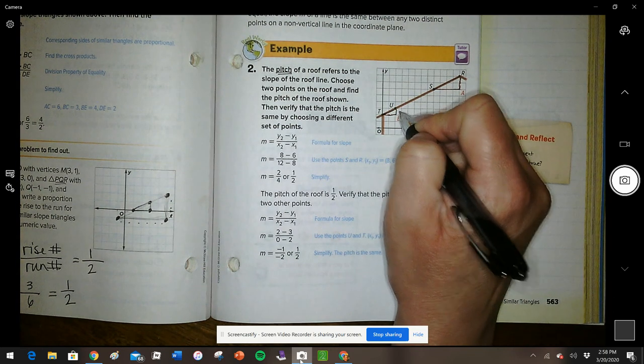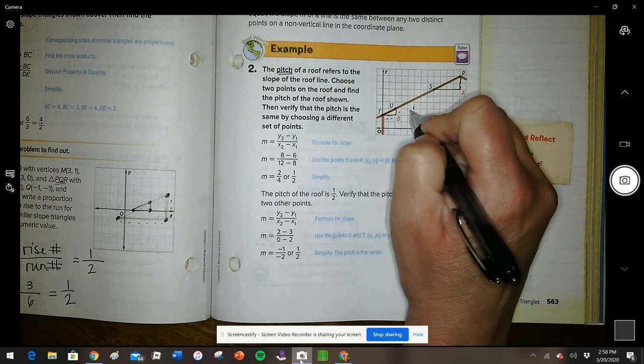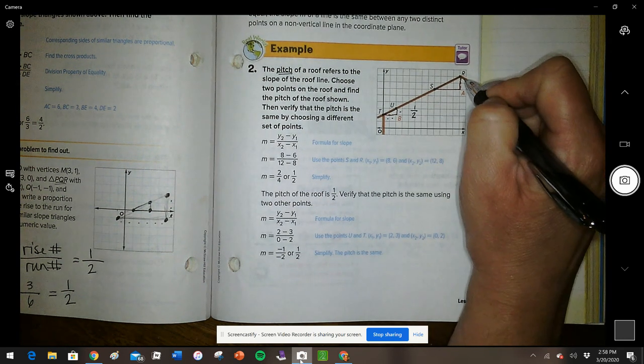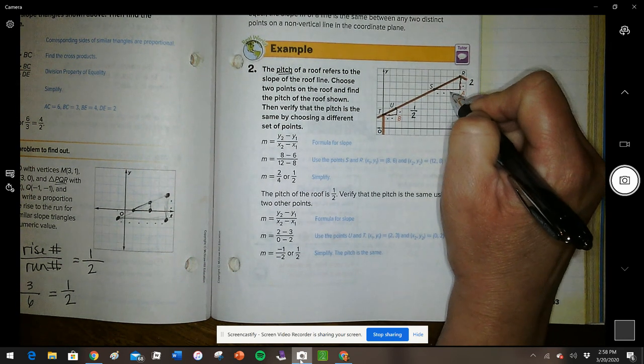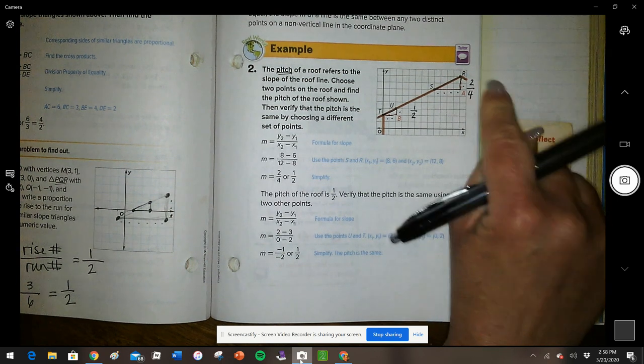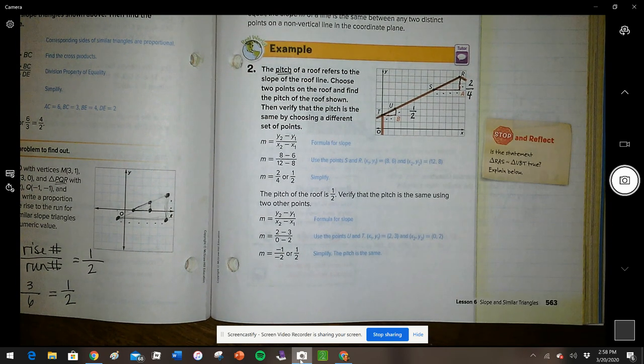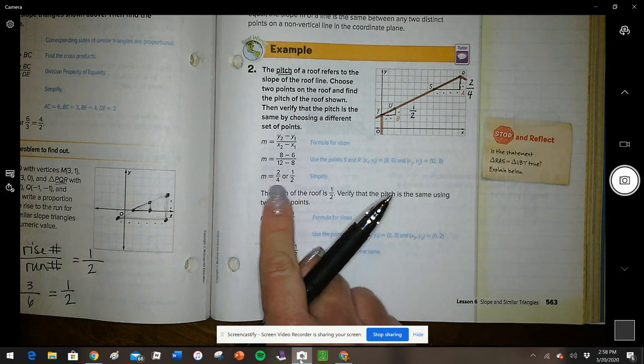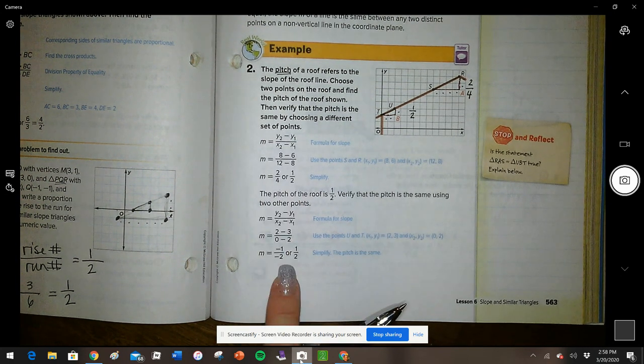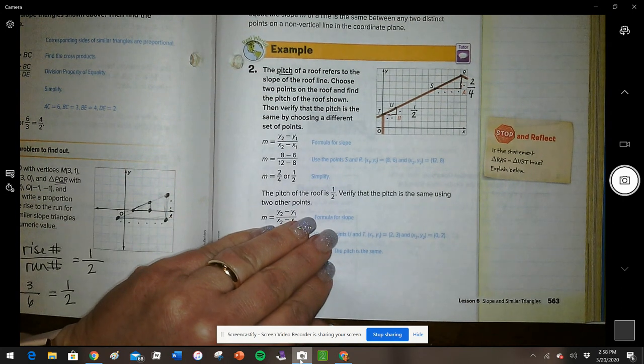And if we look, this one has a 1/2 again, rise over run. This one has a 2 and then a 4. So rise is 2, run is 4. And if you notice, that reduces to 1/2 again, right? So nice.